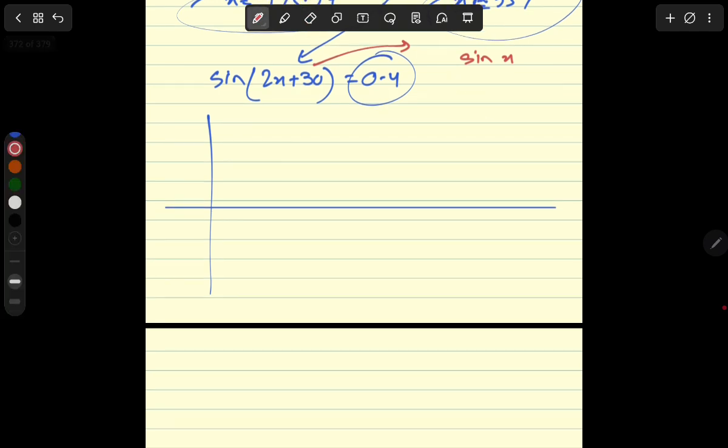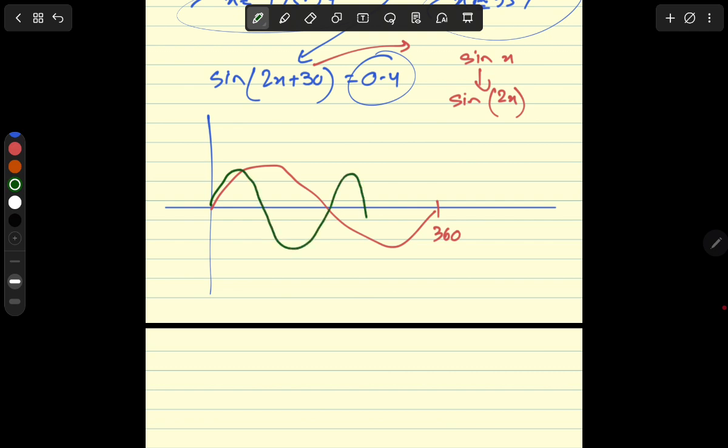So how do you come to 2x plus 30? Firstly, we do the horizontal compression. This sine curve, where it was completing one period in 360 degrees, is now completing 2 periods in 360 degrees. So our curve goes like this.